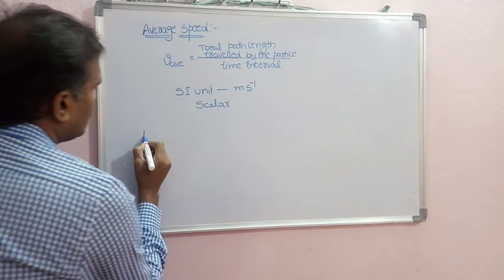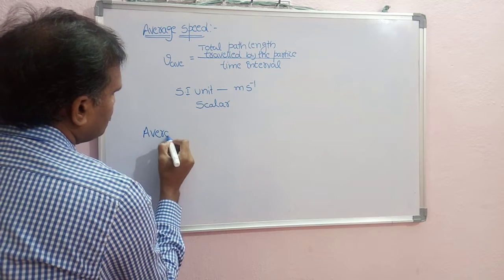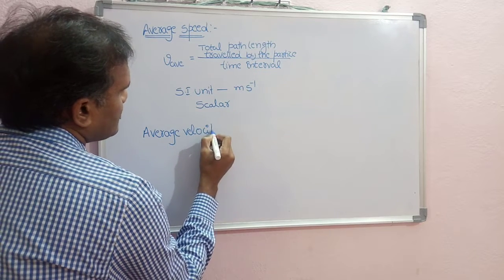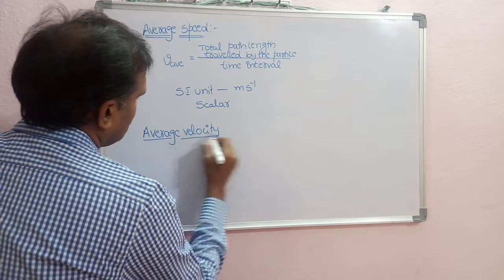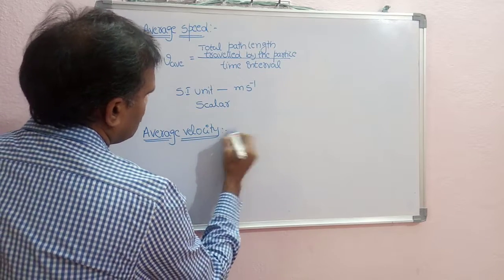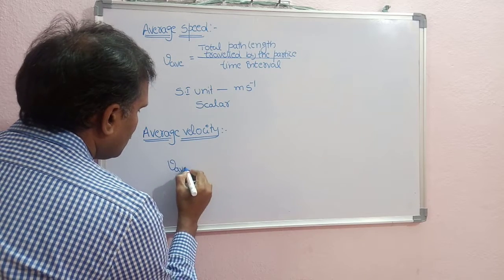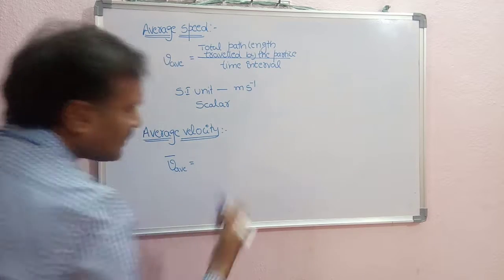And average velocity. It is indicated by the letter V average bar.